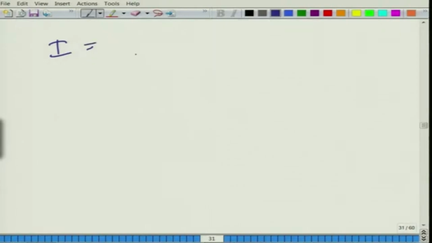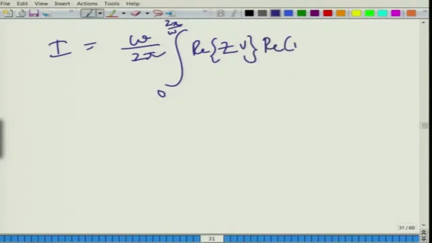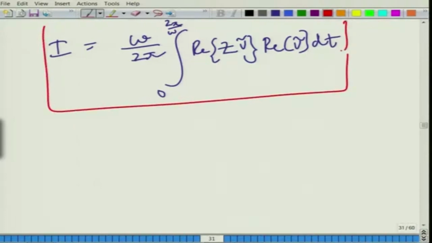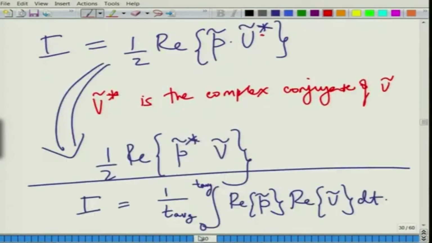If you simplify this further, you will get omega by 2 pi, integrating from 0 to 2 pi by omega, the real part of ZU times the real part of U tilde over dt. The point I am making is that when you do all the math, you will find the starred expression the same as this one, or the triple star one.